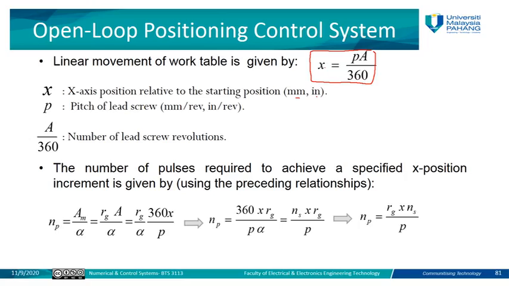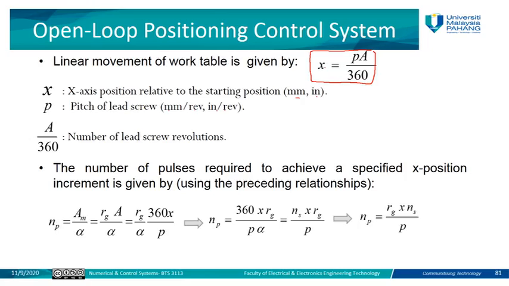Then we have the p here, the pitch of the lead screw, as we mentioned before, either in millimeters per revolution or inches per revolution, or last time we said millimeters per thread or inches per thread, depending. Then we have A over 360, which is the number of lead screw revolutions. Why do we use 360?